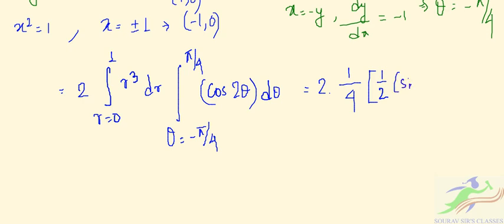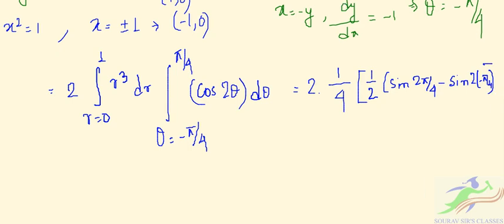So sine of 2 pi by 4, and it will be minus sine of 2 times minus pi by 4. So that is the thing.